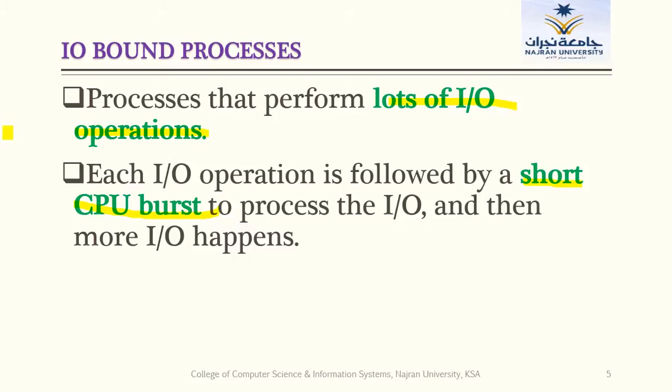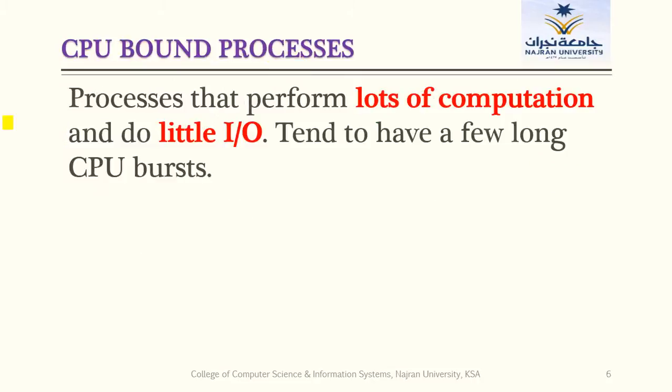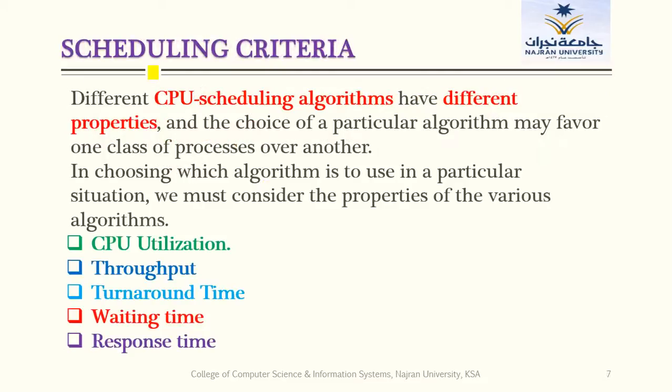If we have a lot of IO operations followed by a very little or short computation, this type of process is called an IO bound process. And on the opposite side, the process that performs a lot of computation and does little IO is called a CPU bound process.